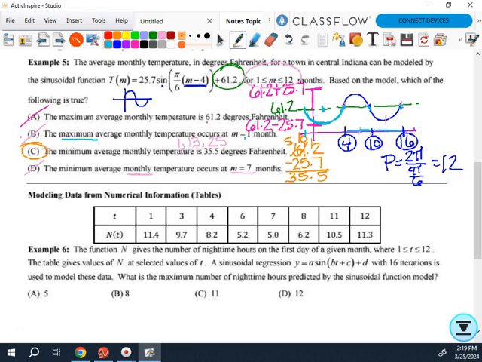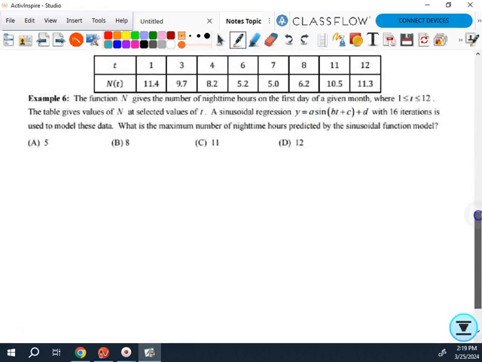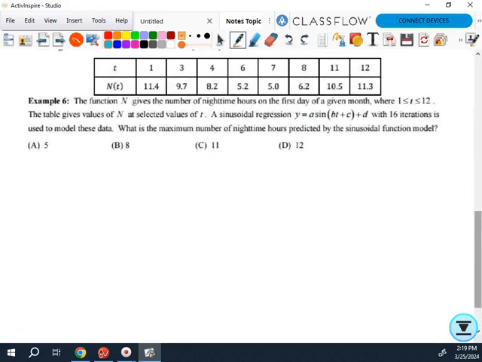Okay. So now is when we need our calculator. So this says the function n gives the number of nighttime hours on the first day of the given month from 1 to 12. The table gives the values of n selected at values of t, a sinusoidal regression with 16 iterations used to model the data.